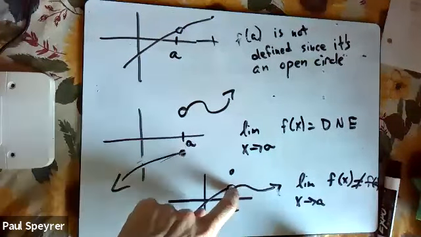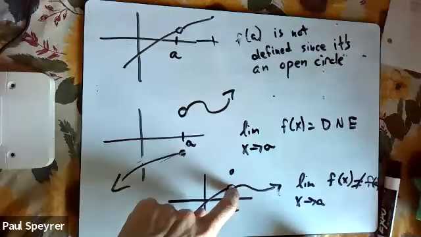Now remember, we have to explain why. That's the most important part. It's not the numbers, it's why. So remember, there were those three conditions that we had to meet. The first one was that f of a had to be defined. The second one is that the limit exists. And the third one is that both the answers from conditions 1 and 2 were the same. So to start with the very first one, is f of a defined?